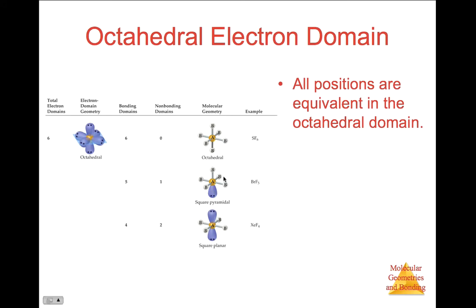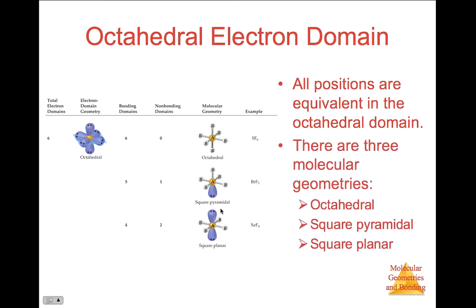Square pyramidal would make a pyramid if the B's would all connect to one another. And lastly, 4 and 2 is called square planar. Notice it's in one plane of existence between the B, A's, and B's right here, and then 2 non-bonded pairs in the top and the bottom. Notice there are always 90-degree bond angles there. There are 3 molecular geometries: octahedral, square pyramidal, and square planar.